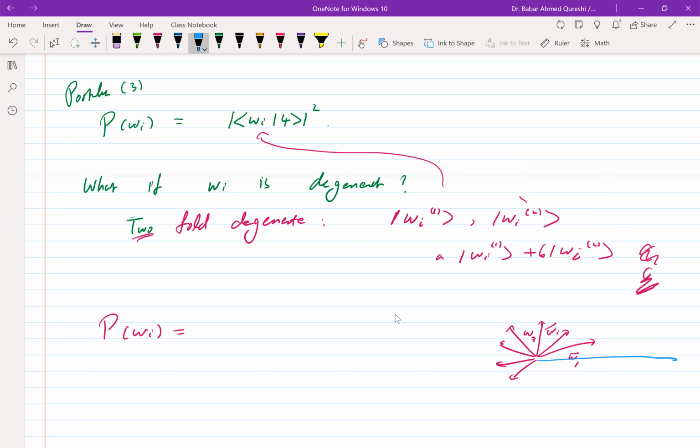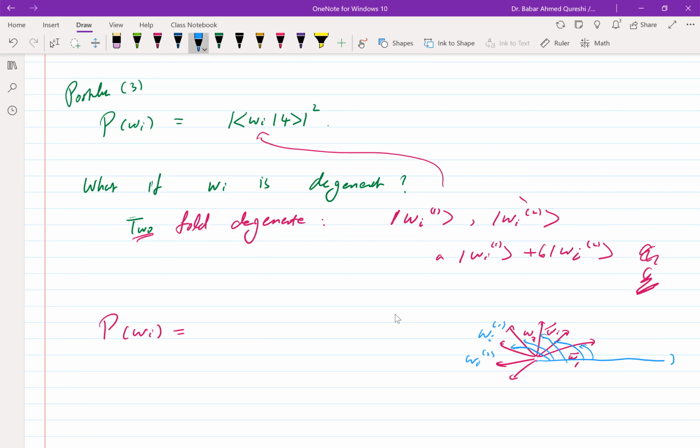Your system is living in some vector. The probability that you will find a particular eigenvalue is about its projection onto the corresponding eigenvector. When you're talking about the probability of an eigenvalue which is degenerate, then the correct way to think about it is like if this is Wi1, Wi2, that you will project to one basis vector, but you don't know which one.